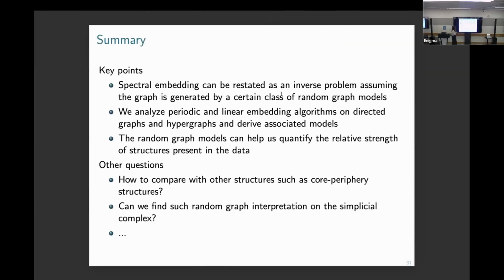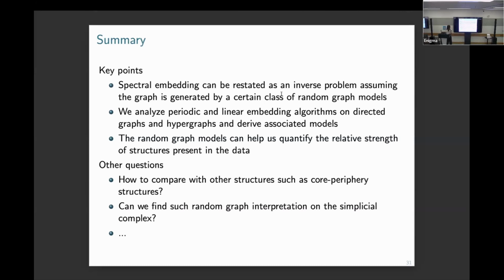Right. So now I'll just summarize the previous works I've talked about. Basically, spectral embedding, we can rethink of it or restate it as an inverse problem, assuming that the data come from a certain type of generative model.